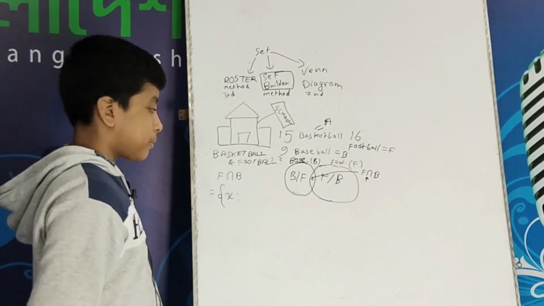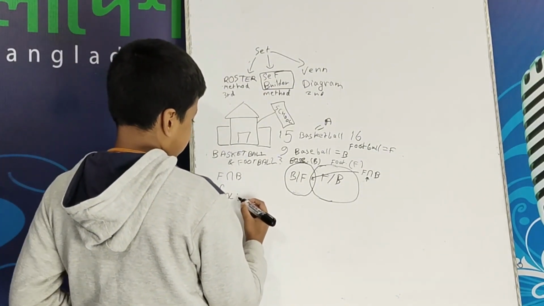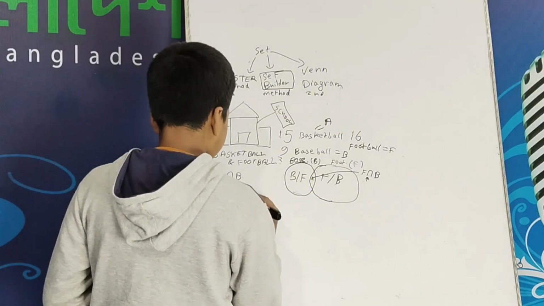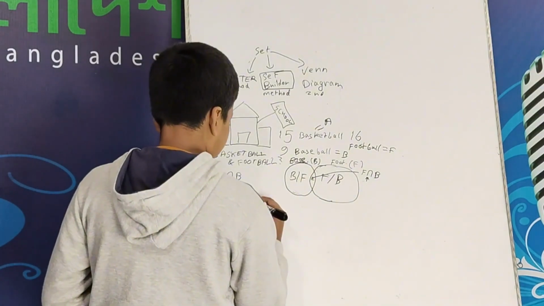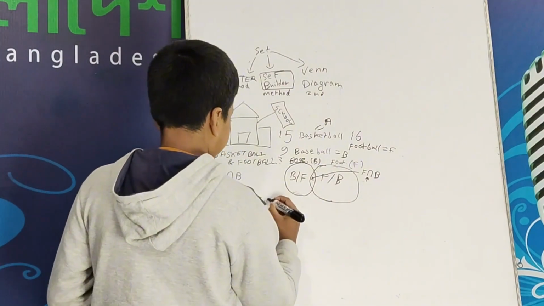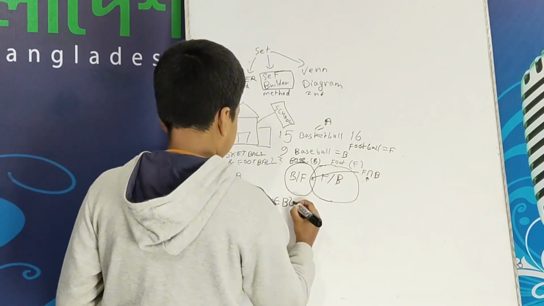The set builder is the best method. So this is x, for all x such that x belongs to F and x belongs to B.